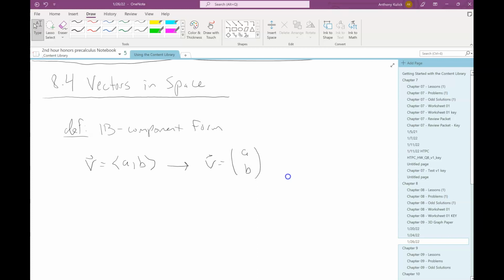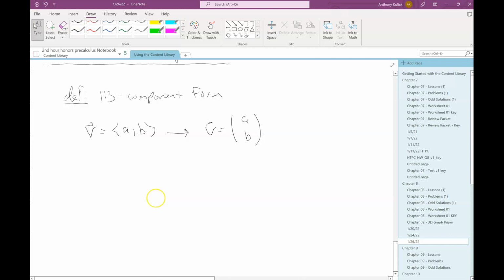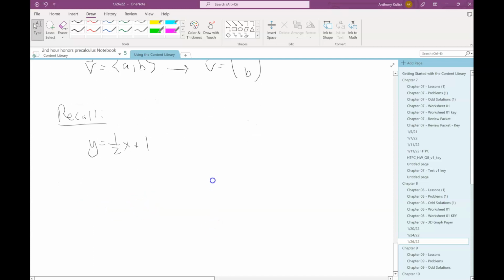All right, so let's start talking about how we're going to go about constructing this vector equation for a line. Let's just say we have the slope-intercept equation y equals 1/2 x plus 1.